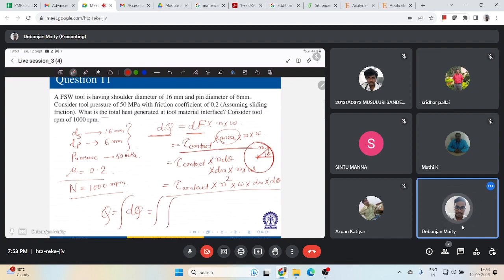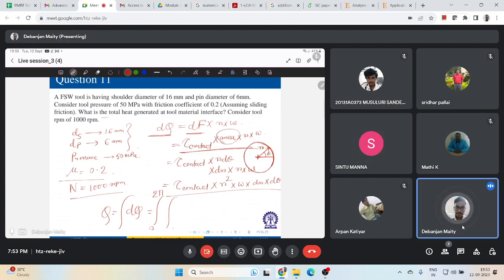Because there are two variables, r and theta. So over which domain do you want to integrate it? So for theta, this will be 0 to 2 pi, is it not? Yes, sir. And for r, 0 to R.